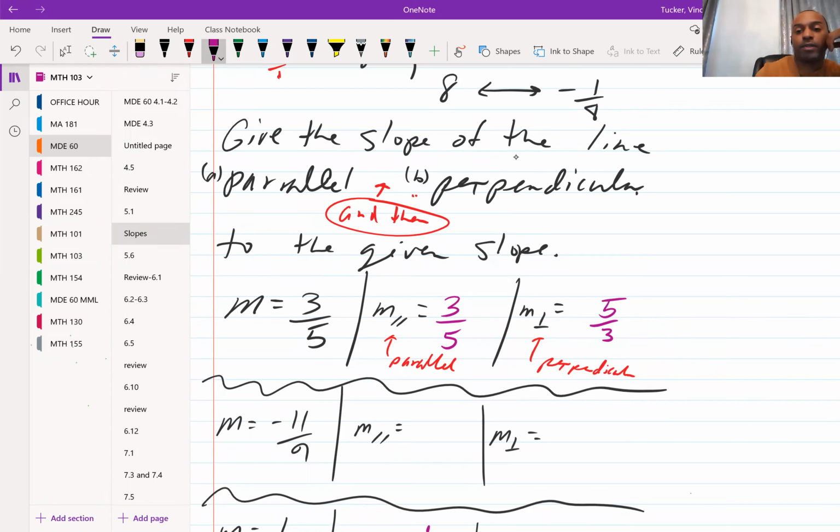So it's going to be 5/3, and it's going to be negative because the original slope was positive. Questions on those relationships before we look at the next one? Once again, parallel lines, same slope. Perpendicular lines, you flip the fraction and then use the opposite sign. So that's how we do that.